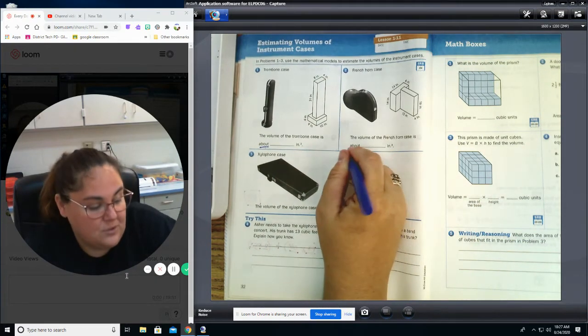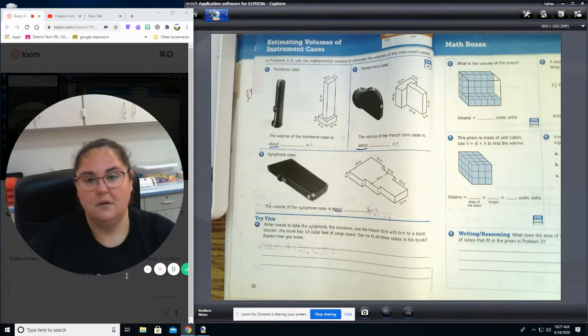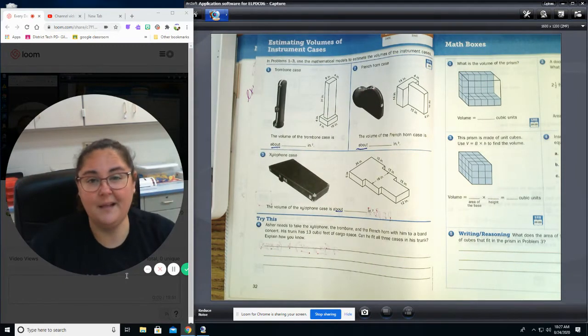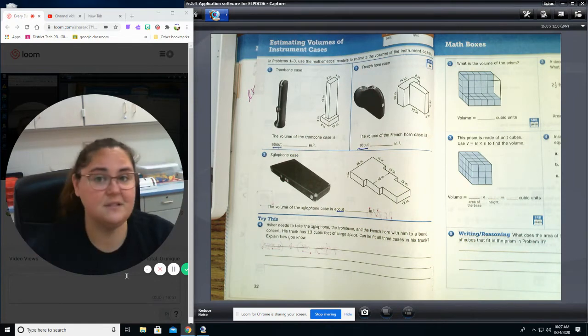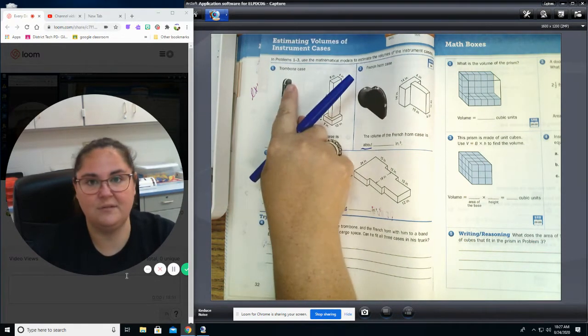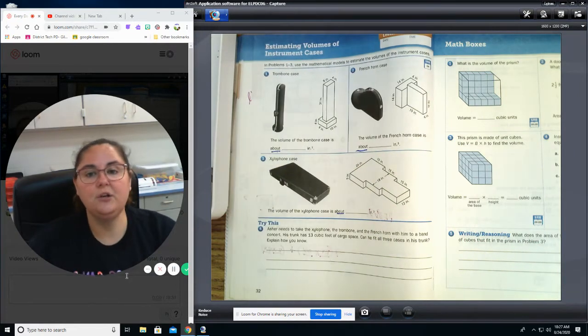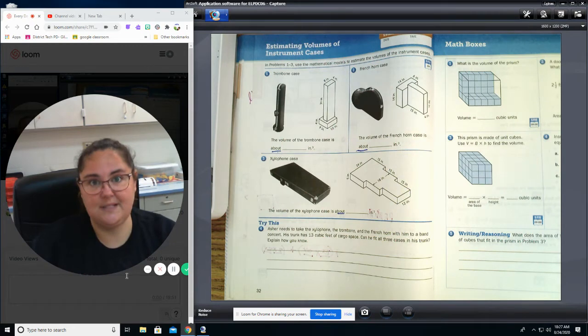They're about a certain number, which means it's close to this number. We're doing the math still just the same. It's not going to be exact because there are rounded edges. So when you're doing volume, you're going to make some estimates today.